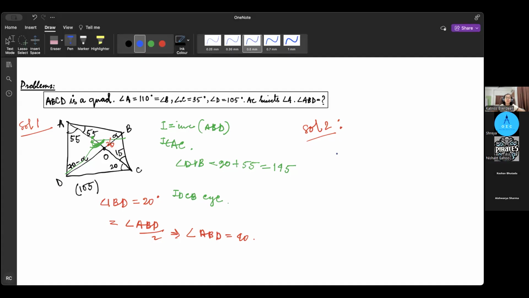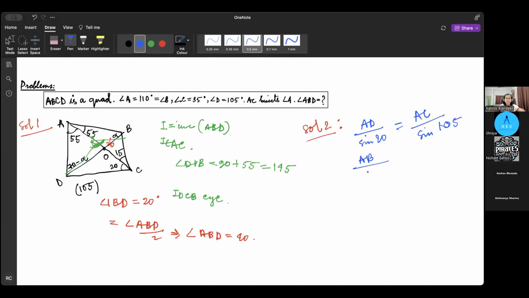So the first thing we want to do is the sine rule on ADC. So what do we get? We get AD by sine 20 is equal to AC by sine 105. And now we are going to do the sine rule on ABC.